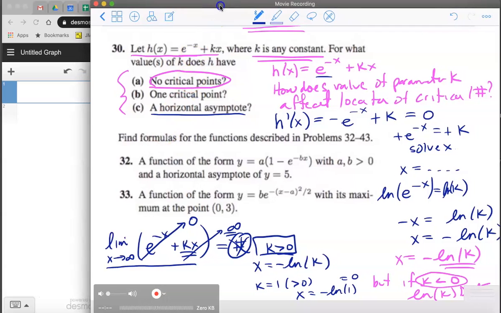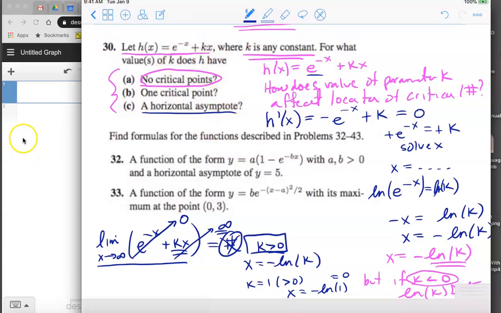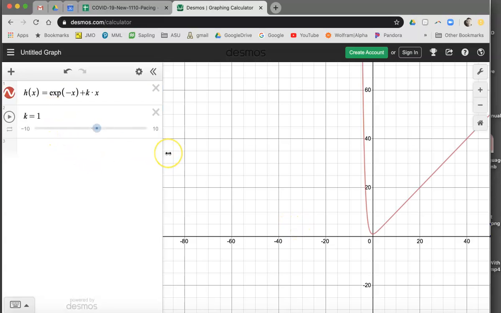So the next thing to do is to look at the graph in Desmos and see how some of this is playing out. Let's look at the function h of x equal to e to the negative x. We're familiar with this function, but now we've added a plus a constant times x term, and we want to add a slider for k.